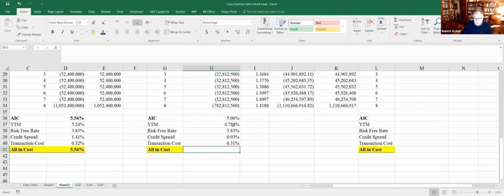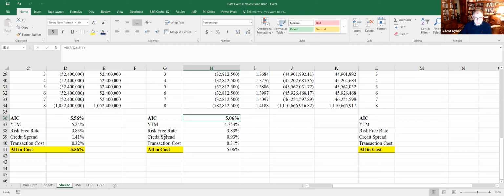And as we did before, we can verify that risk-free rate of return plus credit spread plus transaction cost is equal to the all-in cost that we calculated before. So the all-in cost for this bond is 5.6%.